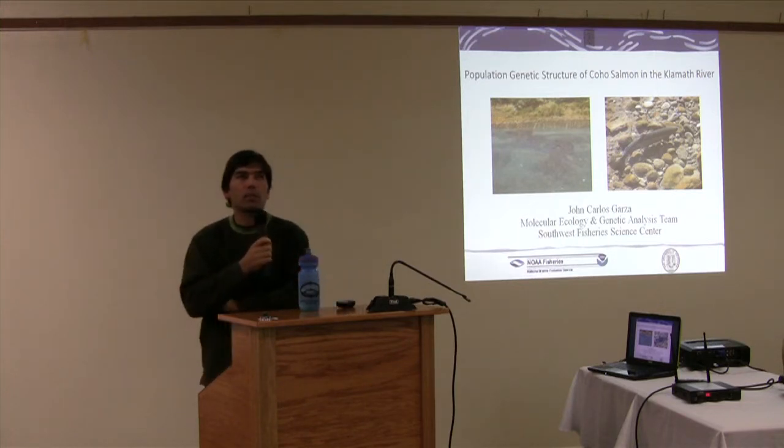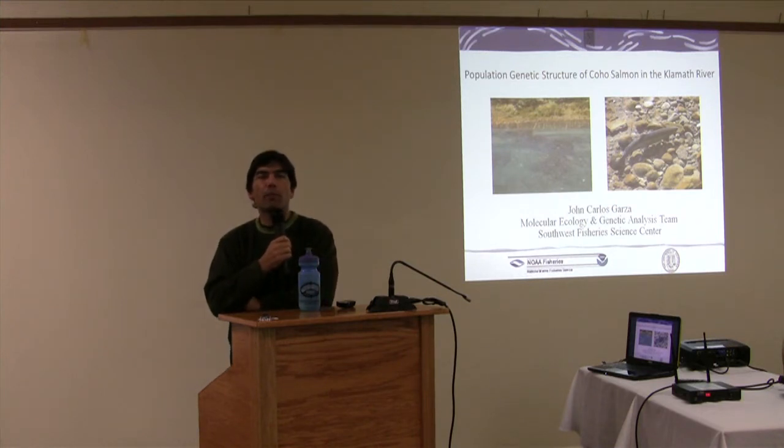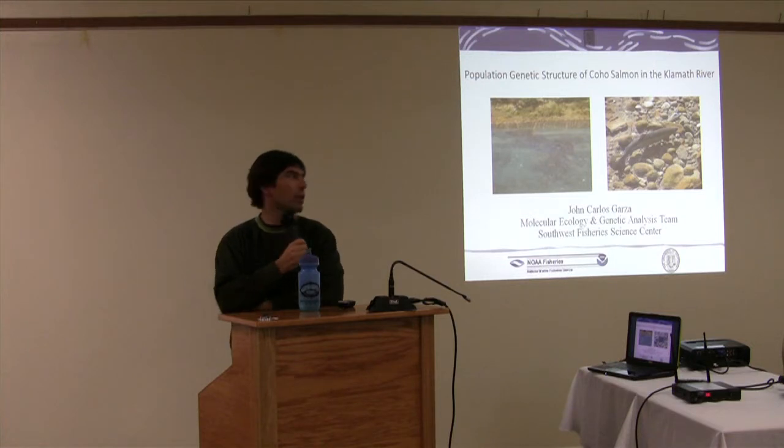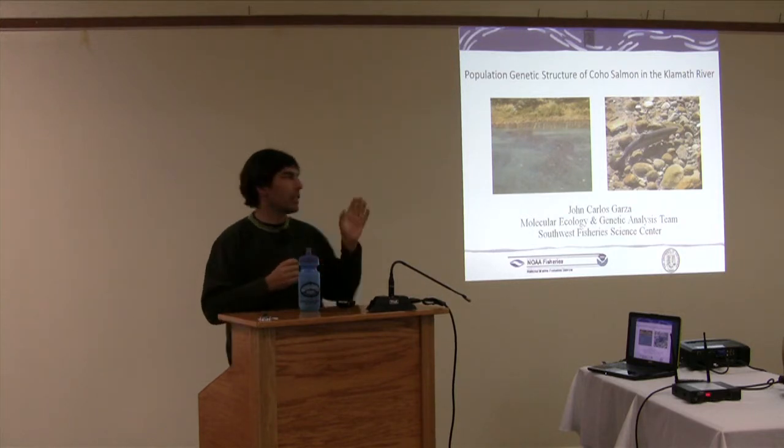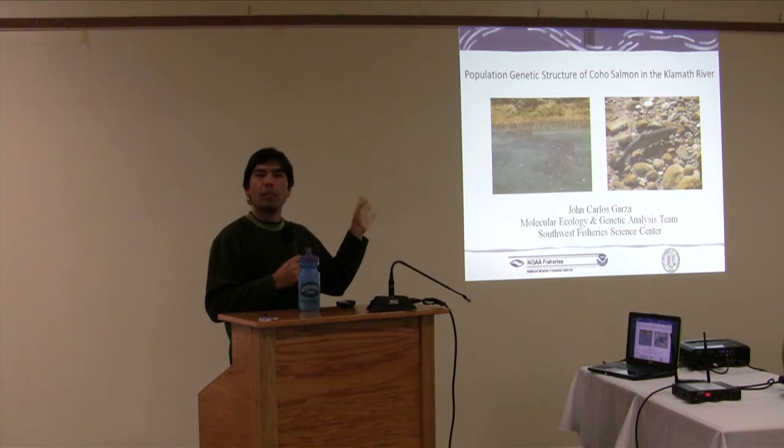So the answer is that we have looked at just simple measures of allelic diversity. There is a little bit less in recent years, in 2006 and 2009, for which we only have 2 samples, probably because of the much smaller number of fish that were returned and spawned that year, so it's not surprising. But by and large, there are confounding issues, and one of the confounding issues is the natural origin fish.